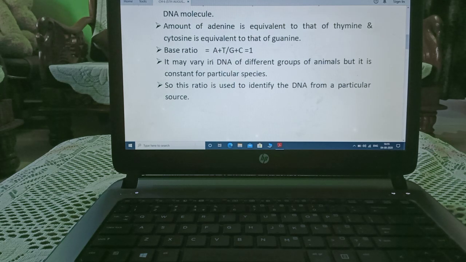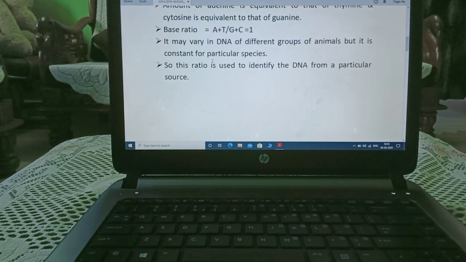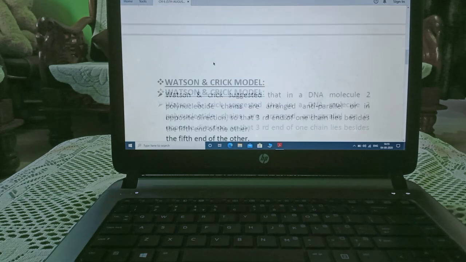The base ratio, adenine plus thymine divided by guanine plus cytosine, is equivalent to 1. It may vary in the DNA of different groups of animals, but it is constant for a particular species. So this ratio is used to identify the DNA from a particular source.